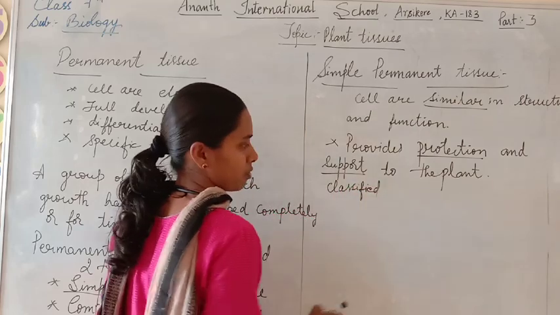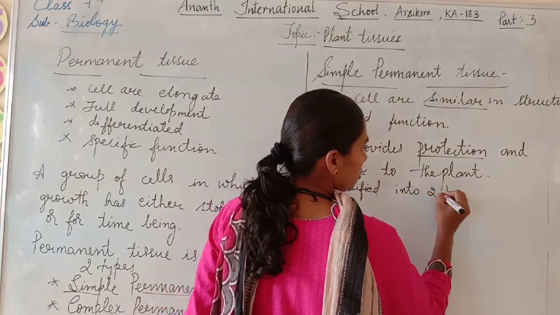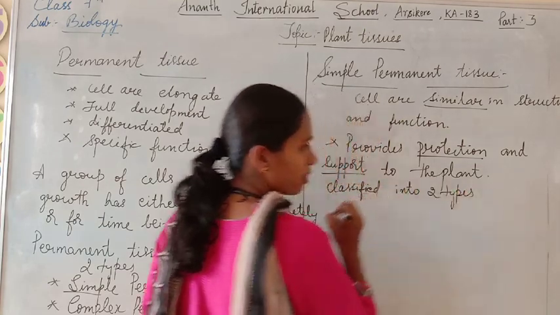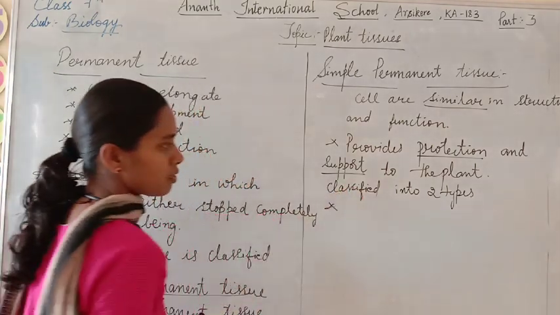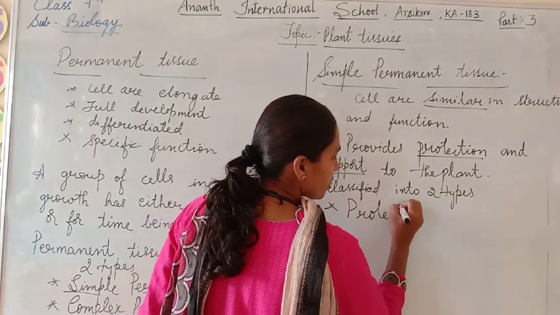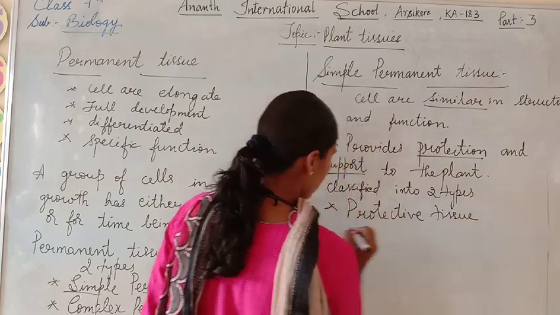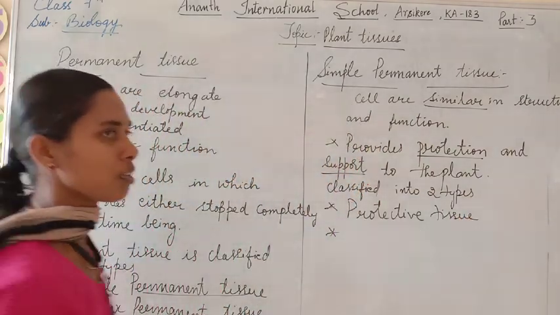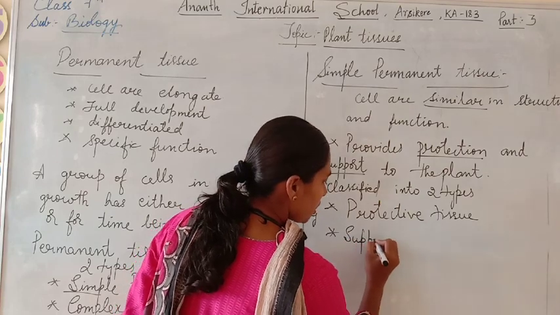The simple permanent tissue is classified mainly into two types. The first one is the protective tissue, and the second one is the supporting tissue.